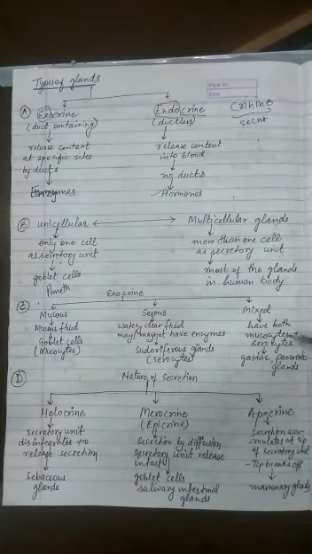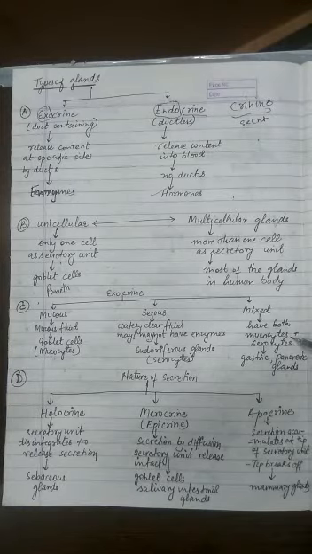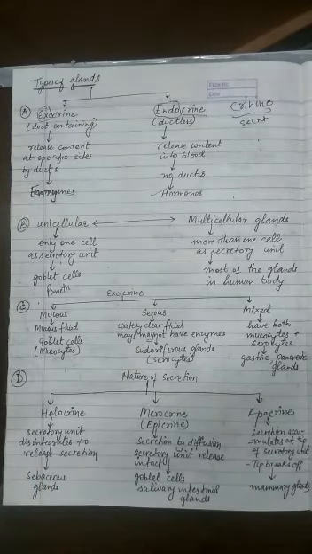And mixed type will have both mucocytes as well as serocytes, because some of the cells will release mucus and some of them will release clear watery fluid, may or may not carry enzyme, example gastric glands and the pancreatic glands. When you draw these diagrams of the glands, you will find in the labeling we write many types of cells, and some of the cells are mucocytes, other cells are serous type because they release enzyme containing watery clear fluid. So that is the mixed type of exocrine glands.